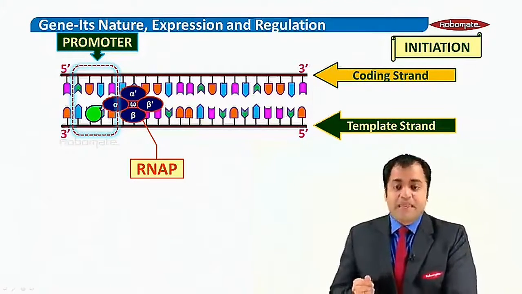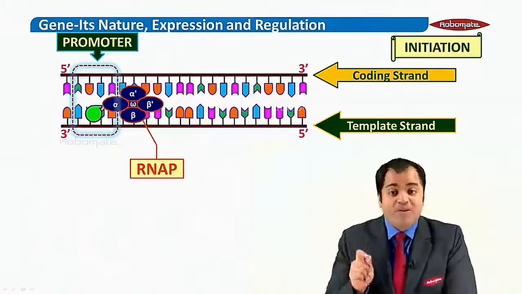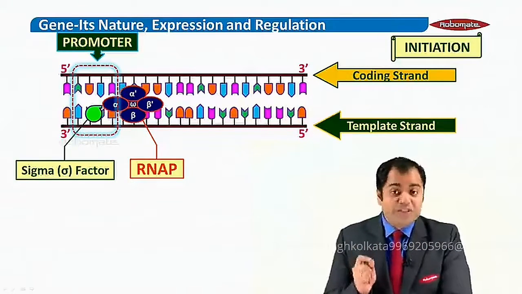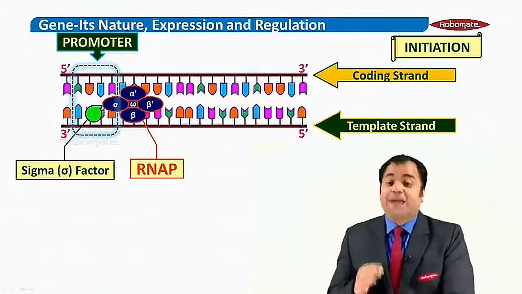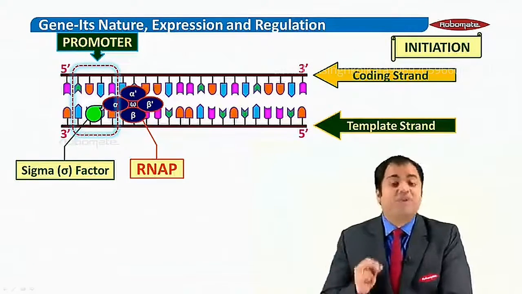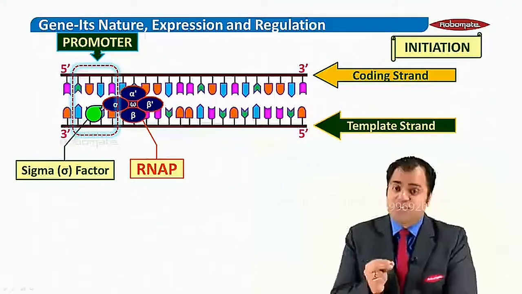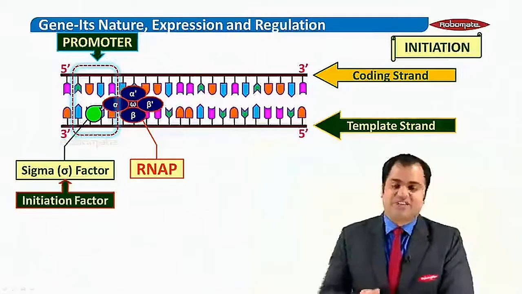Now if you look very carefully, the RNAP is bound to the sigma factor. As I told you, for initiation, you require a sigma factor. Because sigma factor is absolutely necessary for the binding of RNAP to the promoter, the sigma factor is also called the initiation factor.